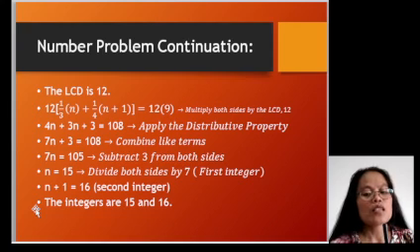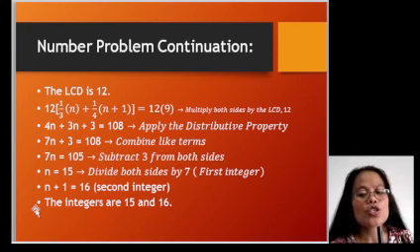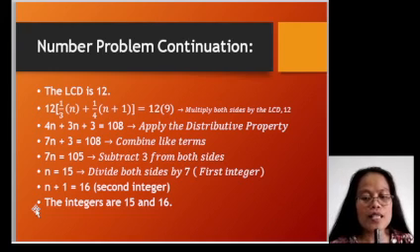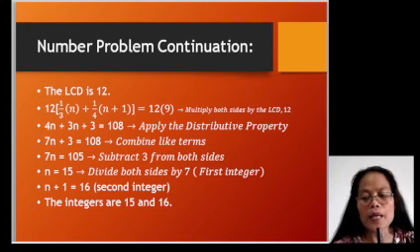The two consecutive integers are 15 and 16. What do you mean by consecutive? That is pasunod, consecutive. So 15 and 16 are the missing numbers in the given problem.